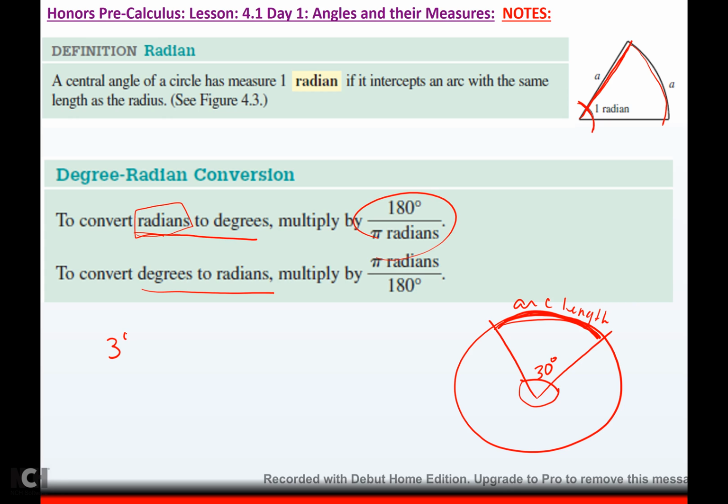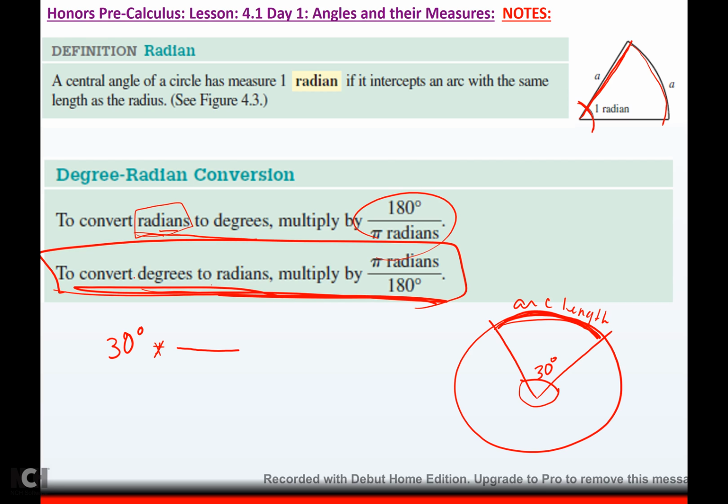So if I had 30 degrees and I want to go to radians, I would multiply. I don't want degrees, so degrees would go on the bottom and radians would be on top. And you have to know that 180 degrees is worth pi radians.